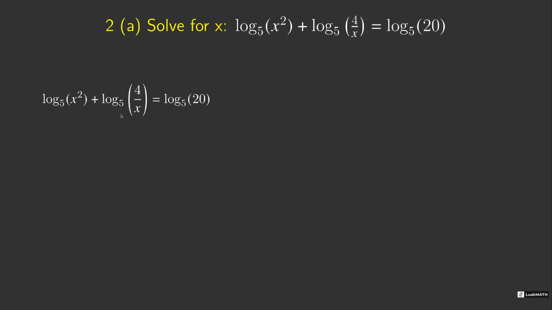Okay, so the very first thing I do is just write down the equation just the way it is without doing anything. So this line right here is the same as what we have originally. And then what I do now is I use the product rule to combine the terms on the left hand side. Because there's a plus sign here, I can combine them using the product rule.